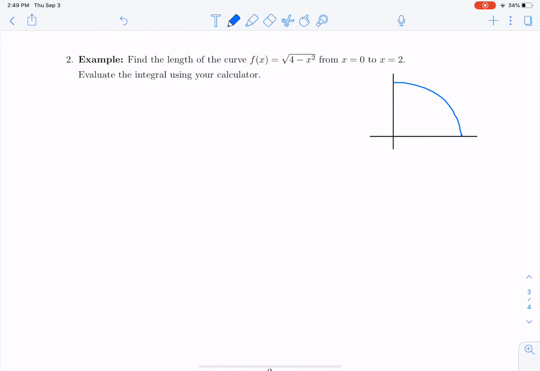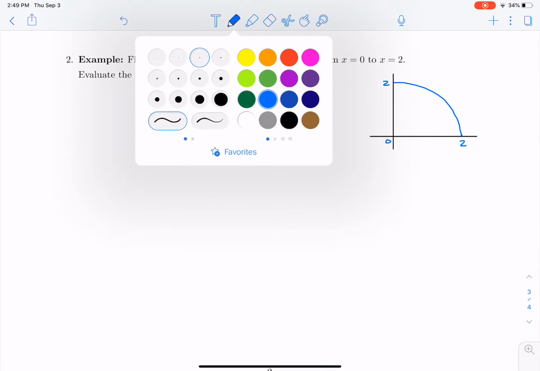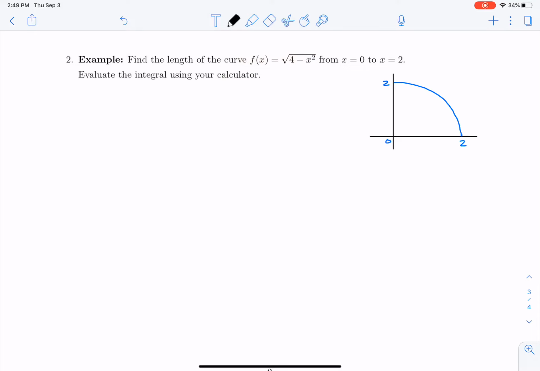So we have a quarter circle here of radius 2. So we already know that the circumference here, the length, is going to be a quarter of 2 pi times 2. So we know that the answer is supposed to be pi.